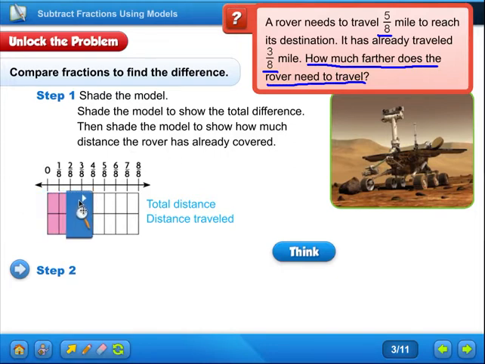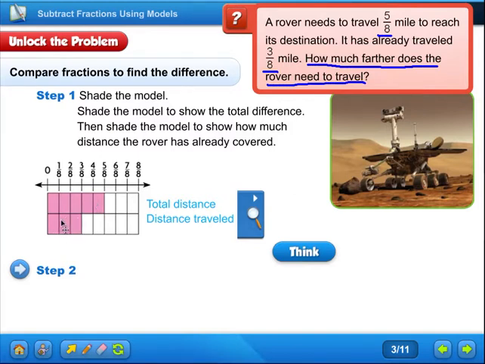So, they did it easy for me. You're going to have to shade yours. All right. So, here, 5/8 was the total, what they needed to travel to reach the destination.